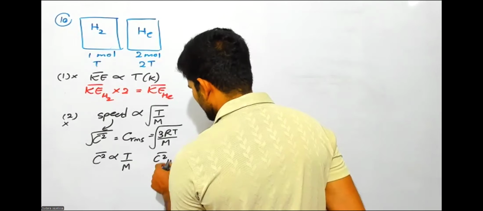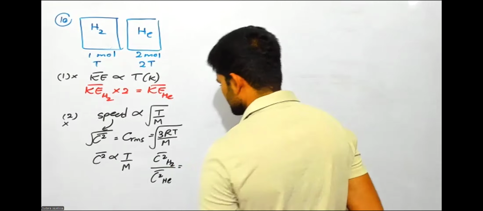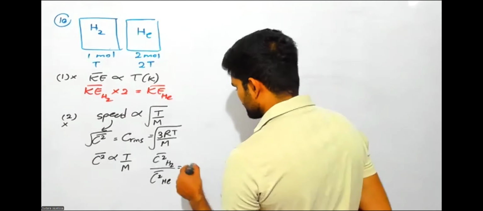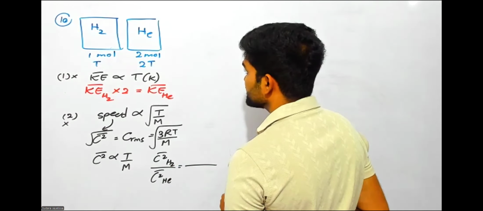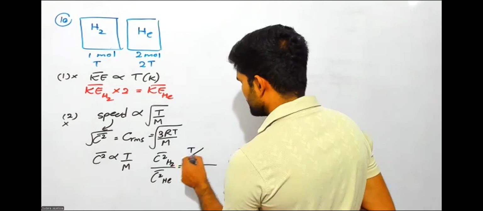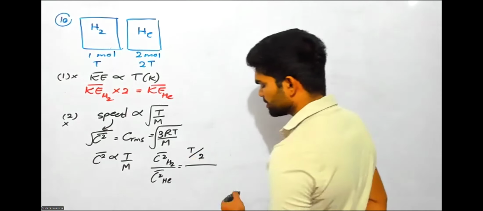So C square bar of hydrogen divided by C square bar of helium. The temperature of hydrogen is T, over 2, where 2 is the relative molecular mass.